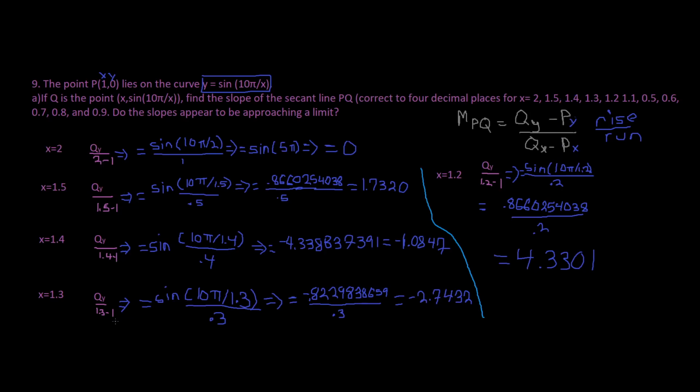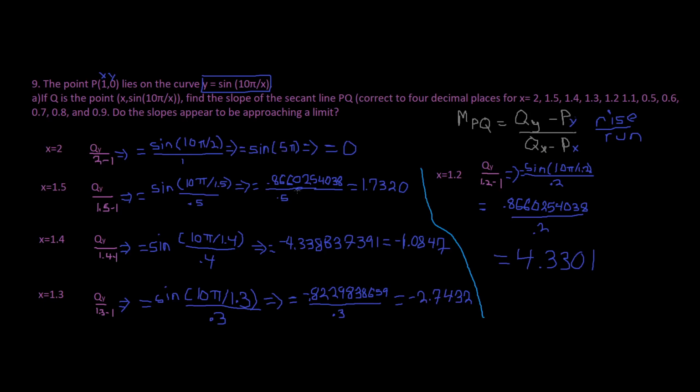Now all we have to do is plug in for x, for Q. So the 2 gets plugged into the point Q. So 2 minus 1 becomes 1. And now we plug in 2 for the function: sine of 10π divided by 2, which equals sine 5π, which just equals 0.